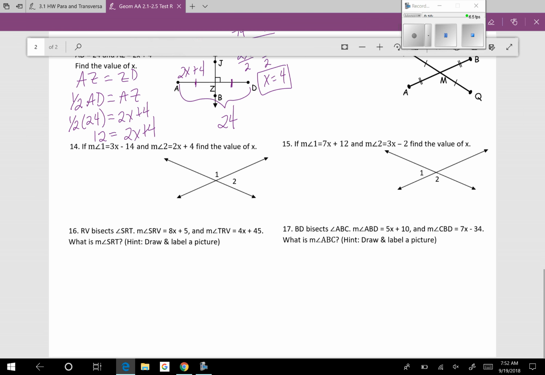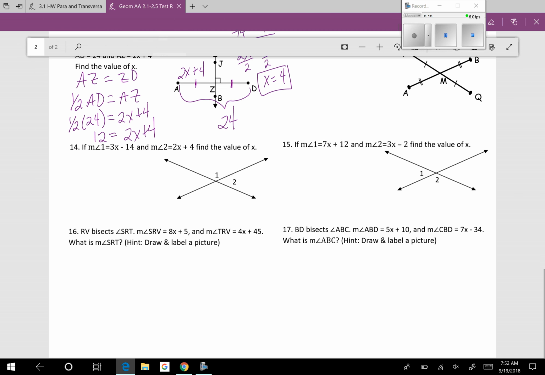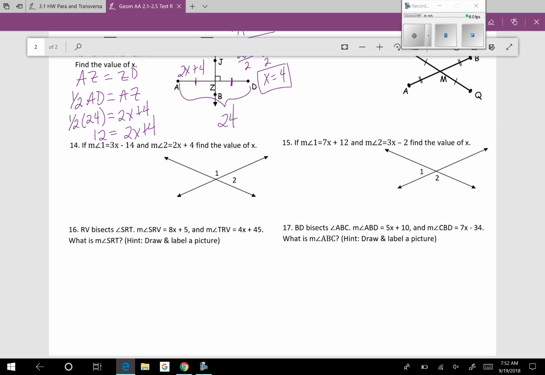All right, now number 14. It says if the measure of angle 1 is 3x minus 14, so I'm going to go ahead and label that 3x minus 14, and the measure of angle 2 is 2x plus 4, so 2x plus 4, find the value of x.